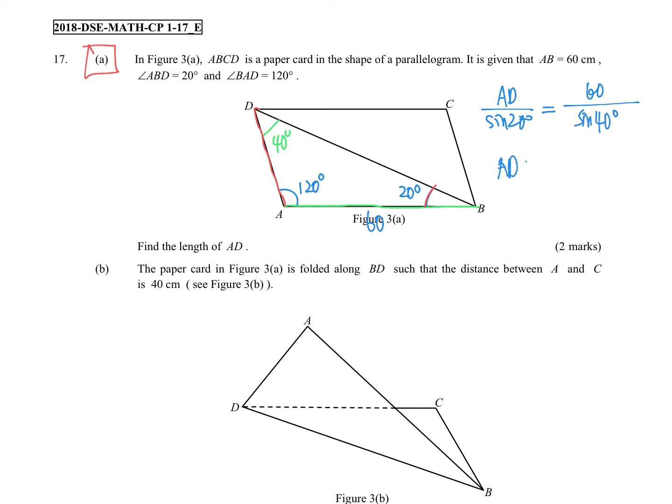So AD would be approximately equal to 31.9 cm. So that would be the answer to part A. Good. Okay, so that's all for part A.